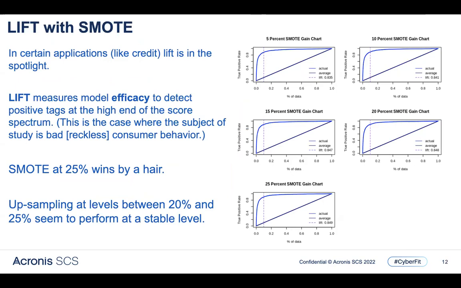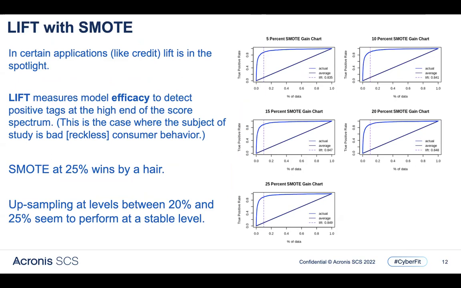We're also interested in the metric which we call lift, and lift is simply a measure of efficiency to detect positive tags, because the positive tags are those who are predicted to be vulnerable. And we're interested specifically in those.